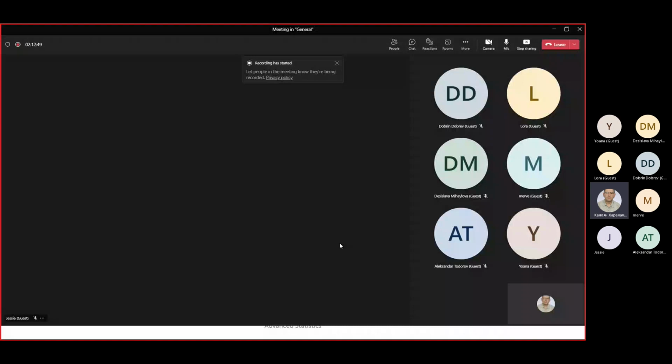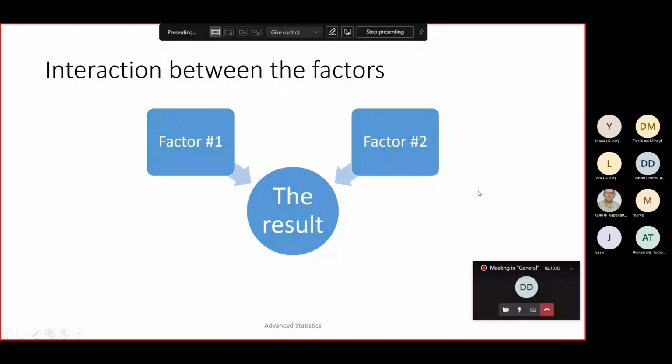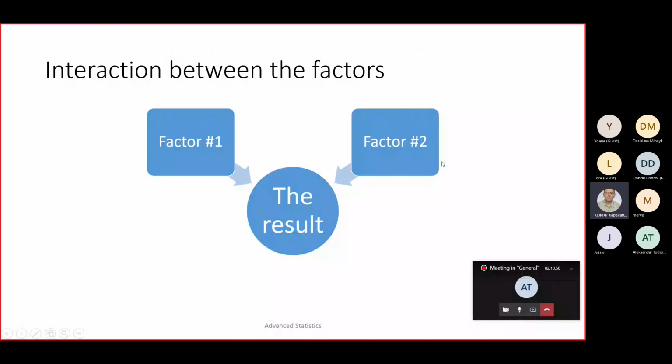So before... Okay, now. Do you see the screen? Yes, we can see.